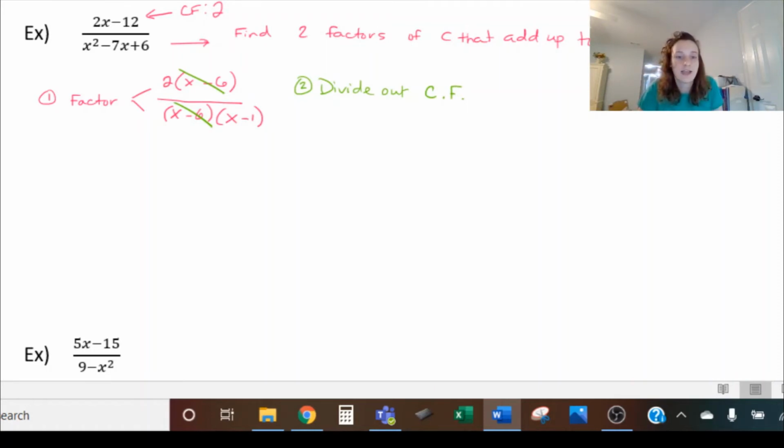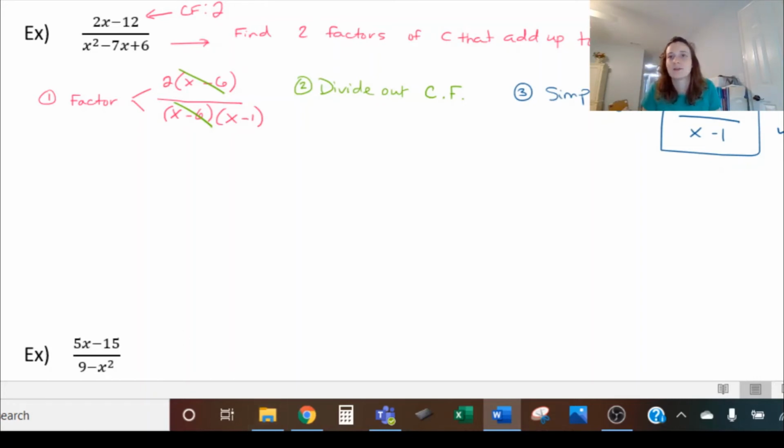So then in your last step, step number 3, is going to be simplify. Well, what are you left with? In the numerator, I'm left with a 2, and in the denominator, I'm left with x minus 1. And I cannot simplify this anymore. This is as simplified as I can be, so this here is my simplified rational expression, 2 over x minus 1.